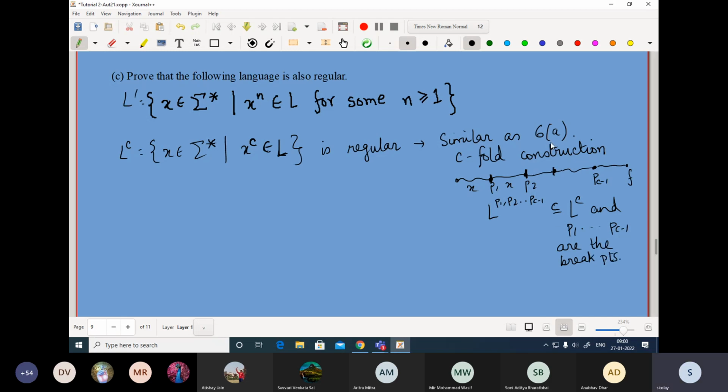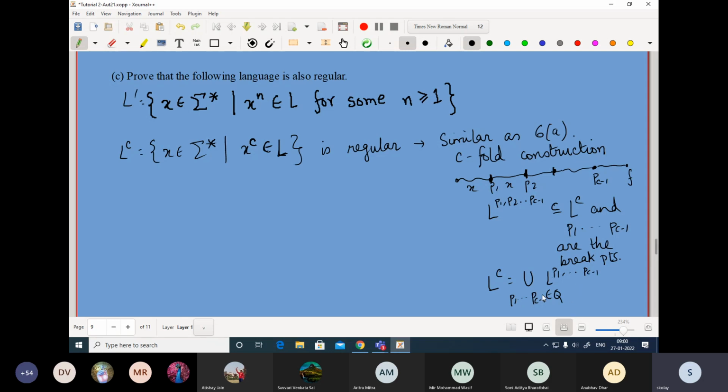Then similar to 6A, you will be able to make the construction and then take the union over all. So LC will be equal to the union over all P1 to PC minus 1 belonging to Q of L of P1 to PC minus 1, right?